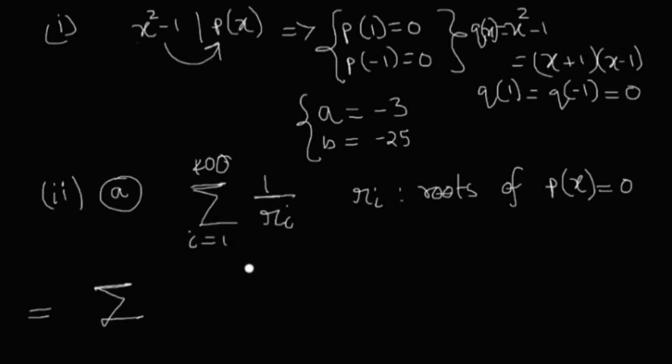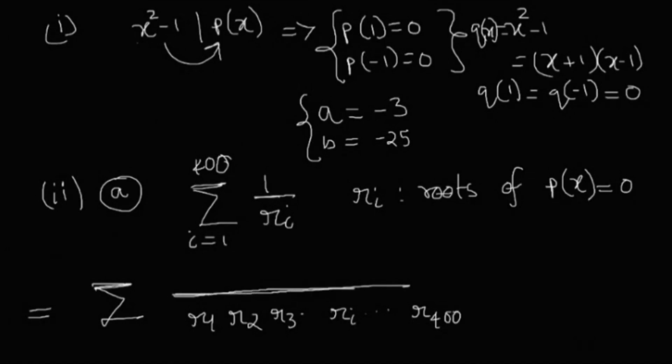This is the sum of 1/Ri, which you can write as the product R1, R2, R3, up to R400 with Ri omitted. I'm writing this whole expression in a way so that you can substitute the known values. This is just the product of the roots, which you already know.